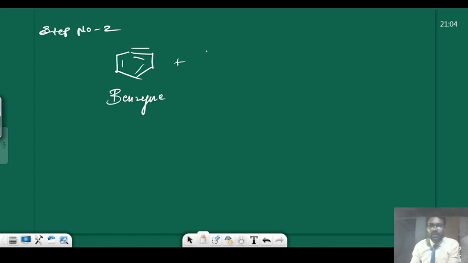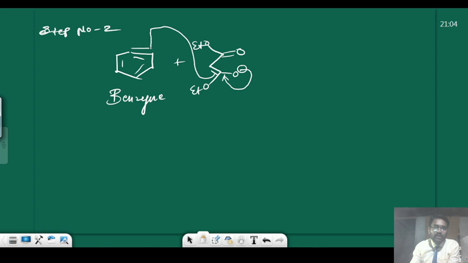This is our active methylene compound, enolate anion, OEt, double bond O. Whatever negative charge is generated on this oxygen will come back like this, and this will attack this particular electrophilic center, and this will open up like this, and there is a formation of this particular molecule.